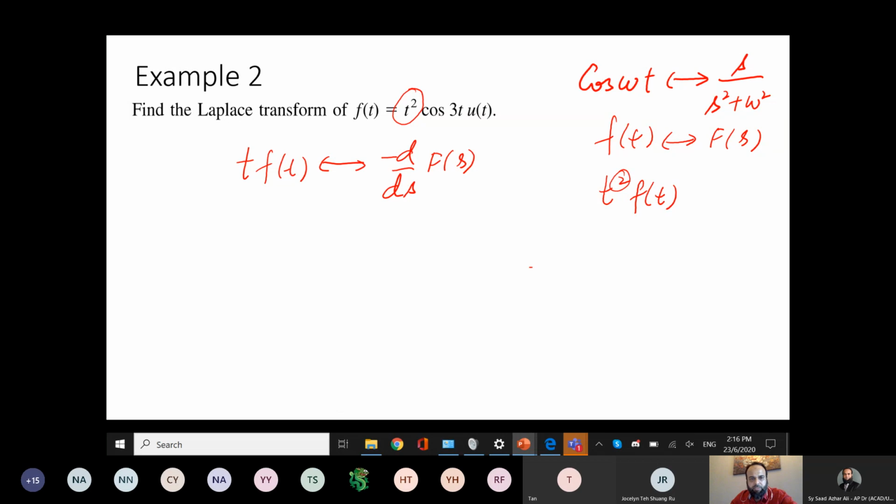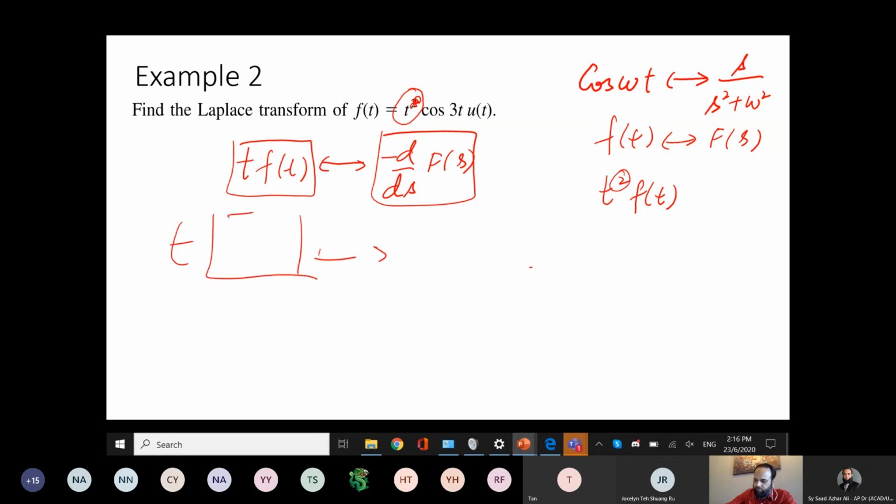So probably not mentioned here, but we can break this. This is one function and we find it just for t only. Then we multiply again with t with the previous one, so this will be differentiated again with a negative sign again.